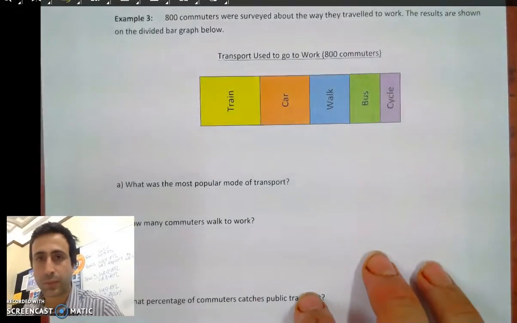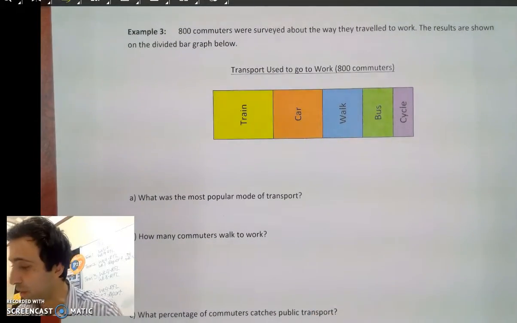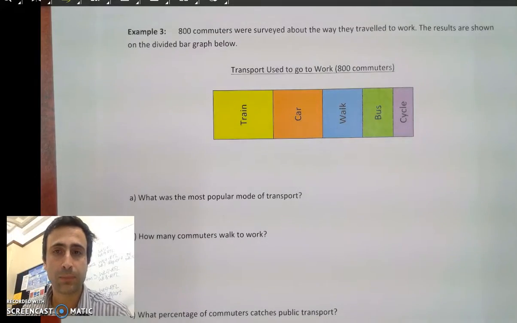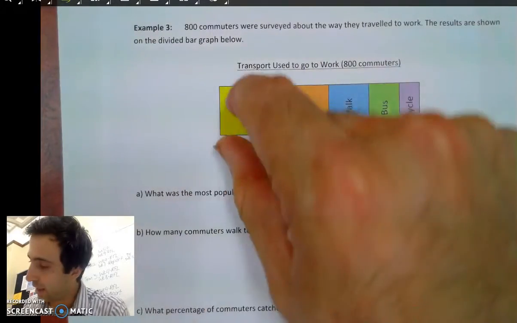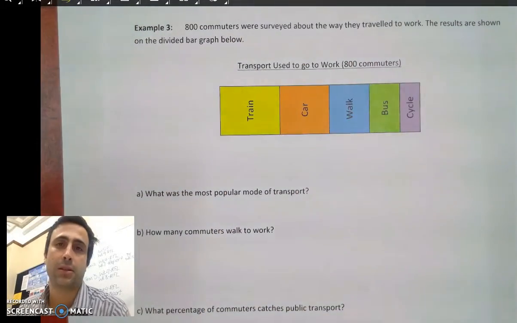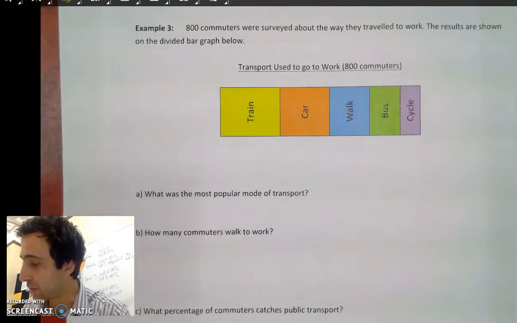Here we have another type of chart, which is a divided bar graph. This divided bar graph is much like a pie chart, but rather than putting it around in a circle, it spreads it out in a bar. And so the largest chunk is the largest group and so forth.